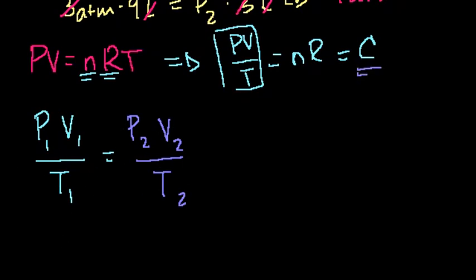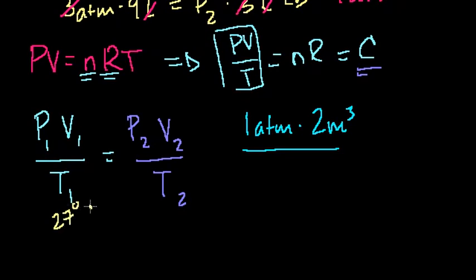So for example, let's say I start off with a pressure of 1 atmosphere, and I have a volume of 2 meters cubed. I'll switch units here just to do things differently. And let's say our temperature is 27 degrees Celsius. I wrote Celsius because I want you to always remember you have to convert to Kelvin.